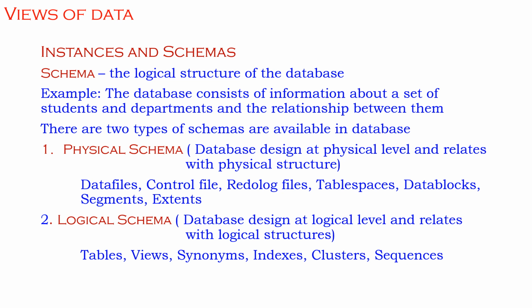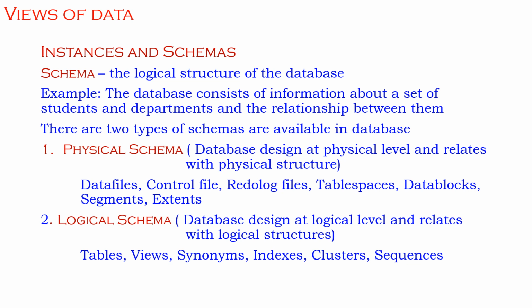I hope you're all aware of what a schema is. It is the logical structure of the database, that is the design of the database, like student information and departments being available in a database, and the relationship among those two tables being established. That is one logical organization of the particular database, how the data is actually represented and how it is related with each other. This is called the schema of the database.